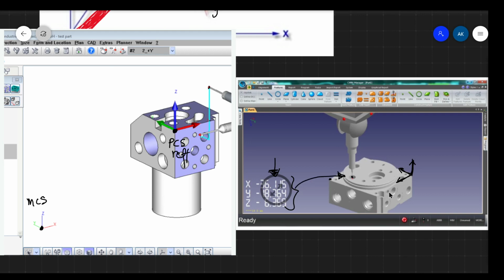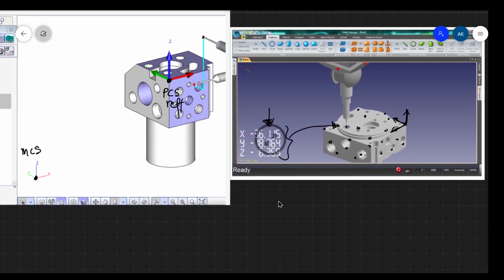Similarly, you can have as many points as possible. Then you will have one full point cloud, and once this point cloud is ready, with your last class understanding of different form algorithms, you can establish the form. And so the coordinate measuring machine will do the measurement.